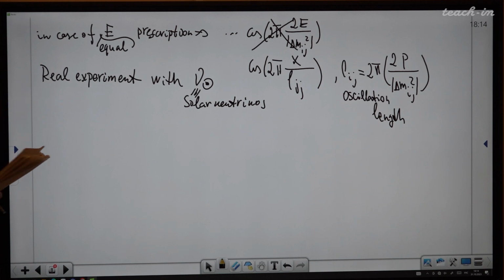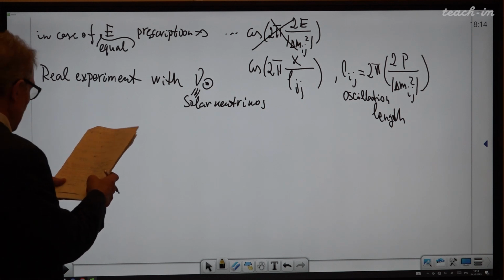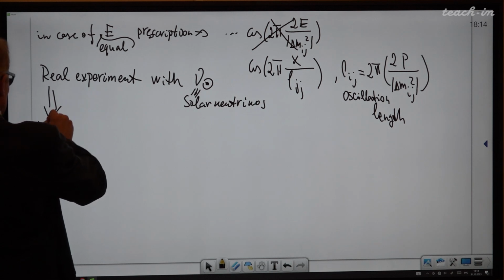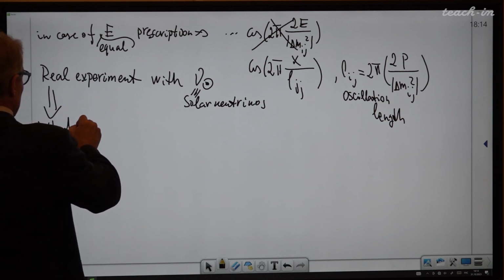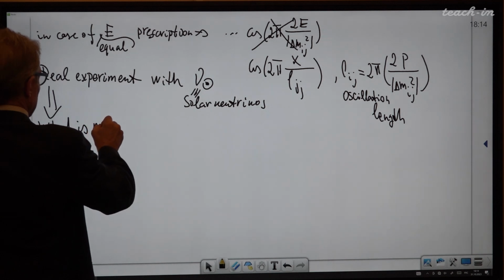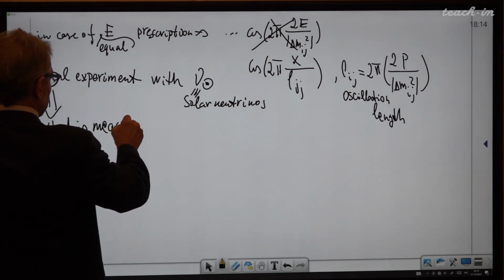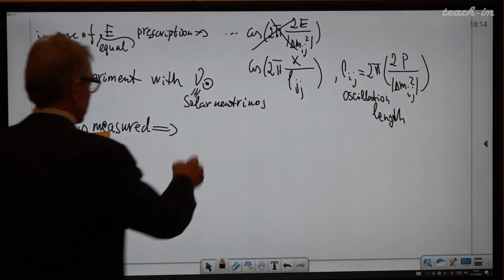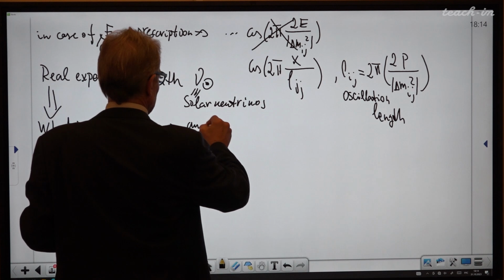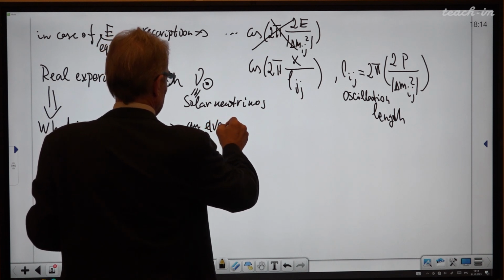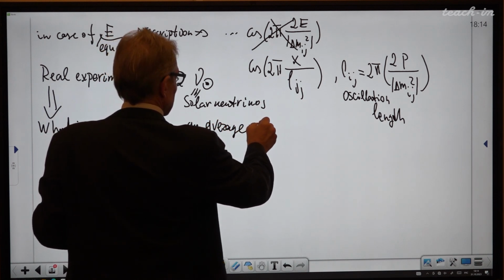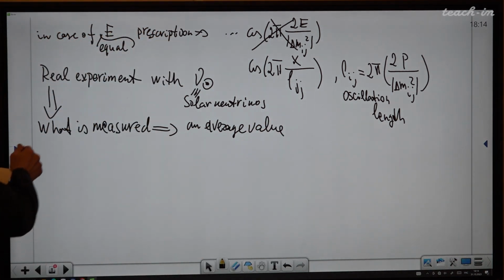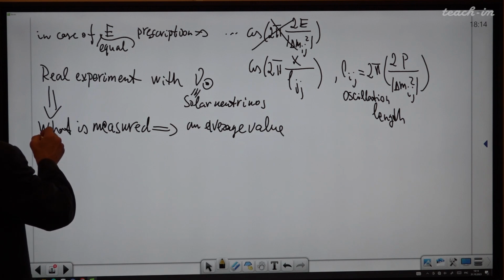So what is measured or observed is an average value, the average value of the probability, and we indicate it in the following way.